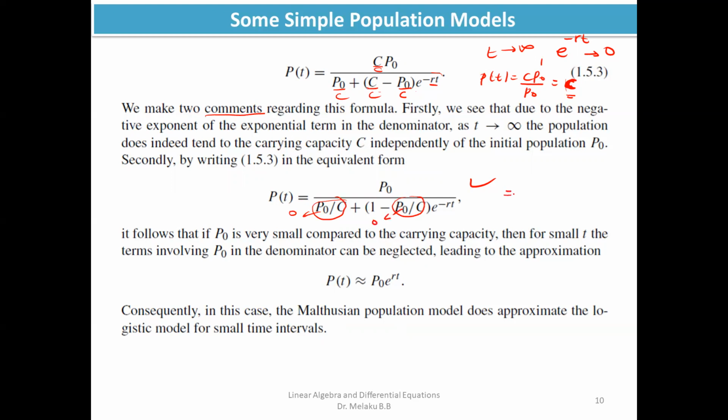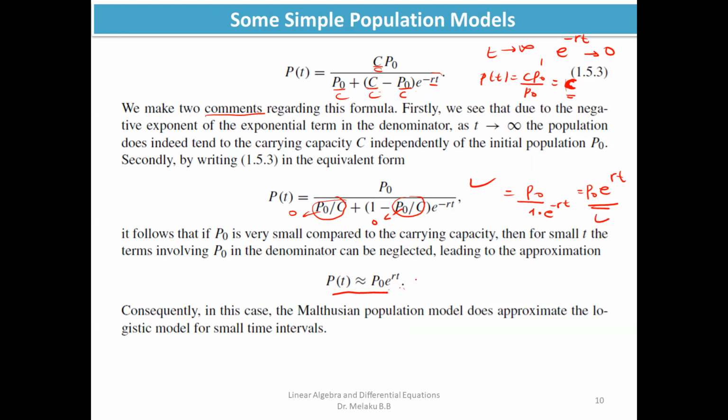Therefore, this will be P naught over 1 times e to the power of minus rt. Therefore, this will be P naught e to the power of rt. It means if P naught is very small, we can approximate P of t as P naught times e raised to rt.